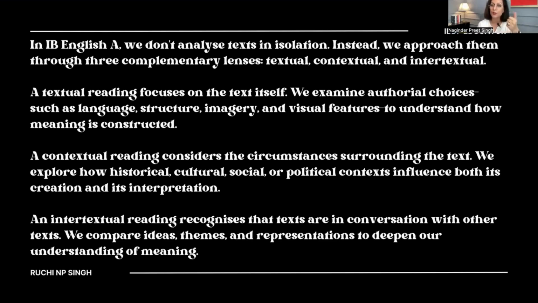We explore how historical, cultural, social, political contexts influence both the creation and the interpretation of the text. When we look at intertextuality, the reading recognizes that the texts are in conversation with one another. We compare ideas, themes, representations to deepen our understanding of the meaning.